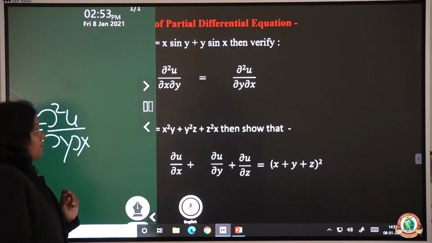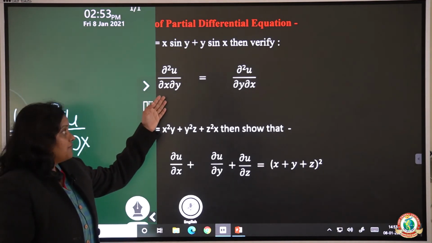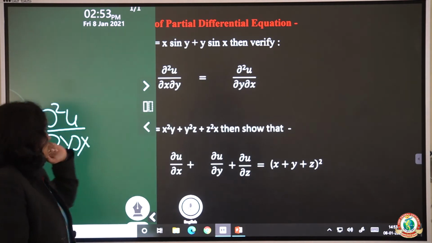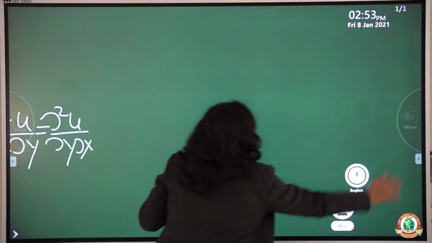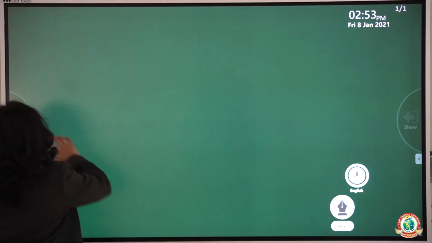It means we prove the left hand side equals the right hand side. So we solve the example.